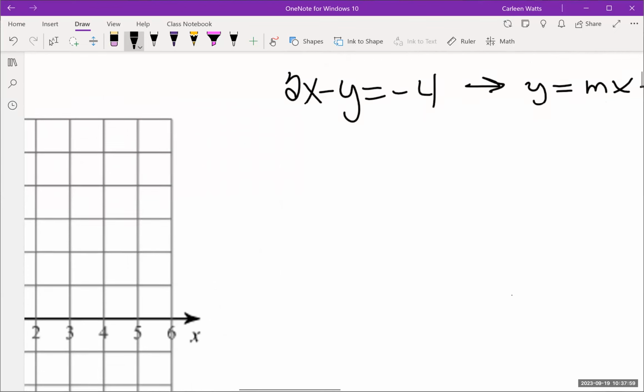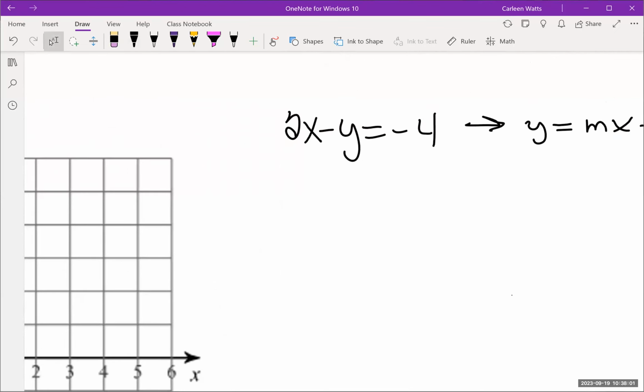So what do I do first? How about you, Zoomers? What do I do first to convert it to slope intercept form? We're moving the x. So the opposite of positive 2x is, notice that negative is attached to the y.